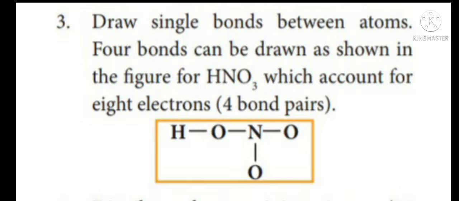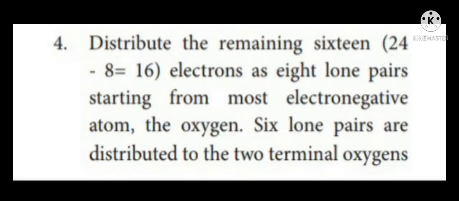Hence, it contains 4 bonds. Therefore, it contains 8 electrons. Next, distribution of the remaining valence electrons as pairs, that is, lone pairs. Here, we have to distribute the lone pair electrons to the most electronegative atom followed by other atoms.